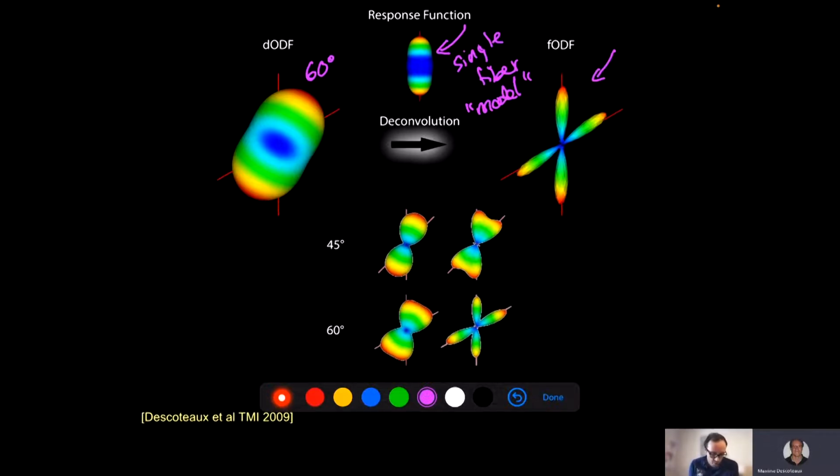Well, if I can estimate this, I can most likely deconvolve, so invert the process, to reconstruct a sharp fiber ODF. And in fact, this was developed in the mid 2000s by Donald Tournier, Flavio Dell'Acqua, myself. And so it helps in having smaller crossing angles. If you have different volume fractions in the voxel, it helps.